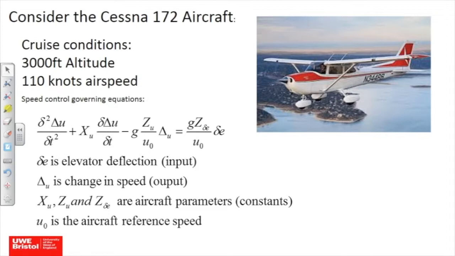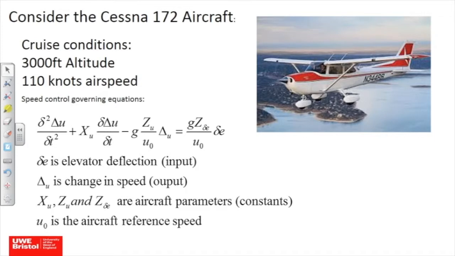Well, this is an equation that relates airspeed to the elevator deflection. Okay. So I'm sure you can imagine, if you turn the elevators, the plane is going to go, I'm not sure if downhill is the right expression for aircraft, but it's going to go downwards.